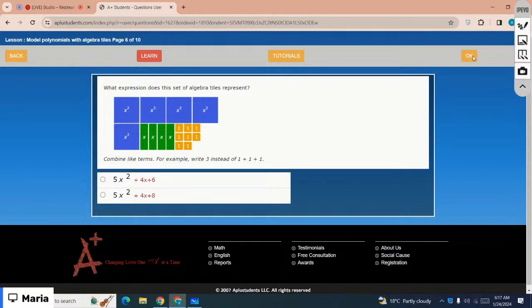What expression does the set of algebra tiles represent? So, which is the correct option?